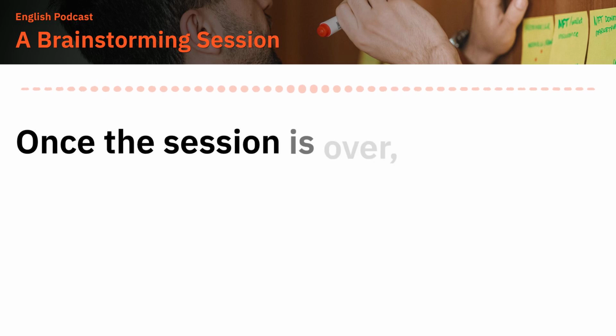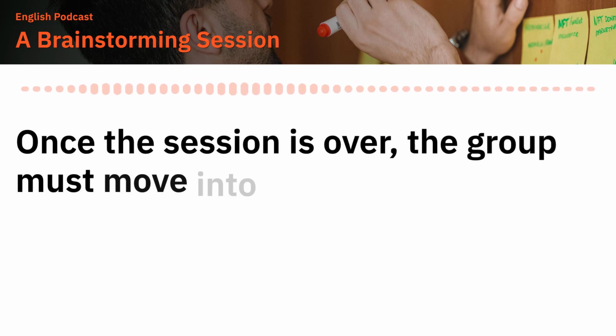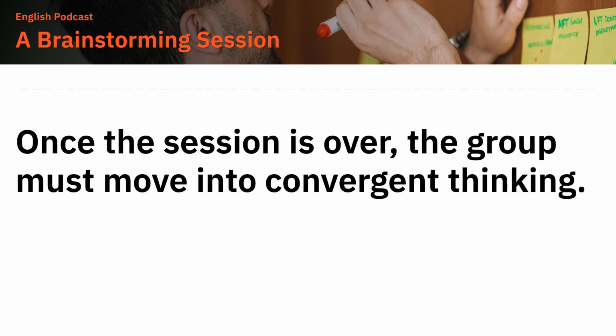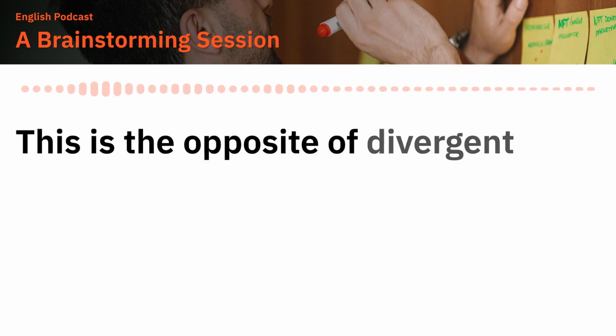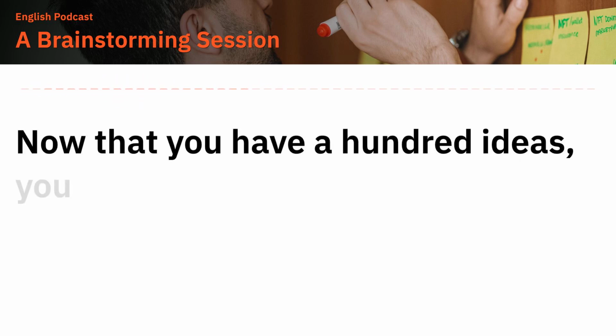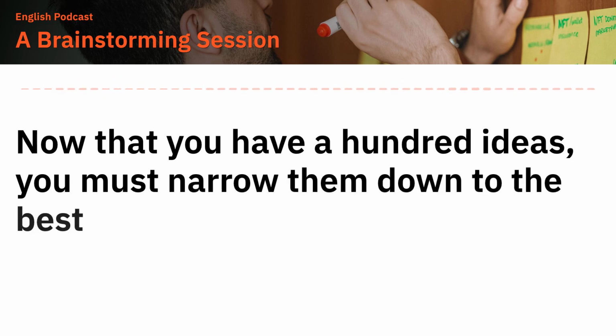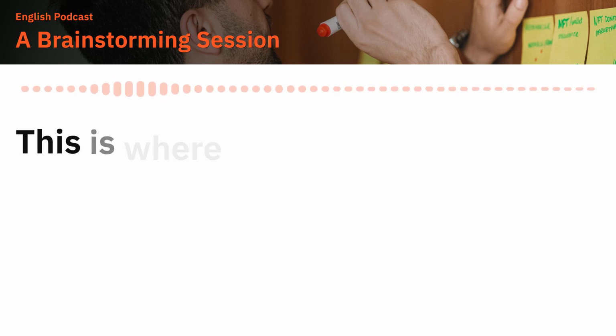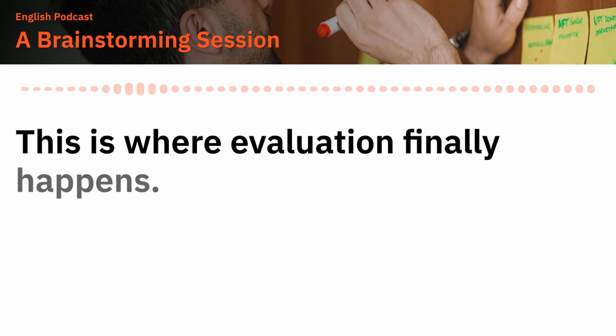Once the session is over, the group must move into convergent thinking. This is the opposite of divergent thinking. Now that you have 100 ideas, you must narrow them down to the best 2 or 3. This is where evaluation finally happens.